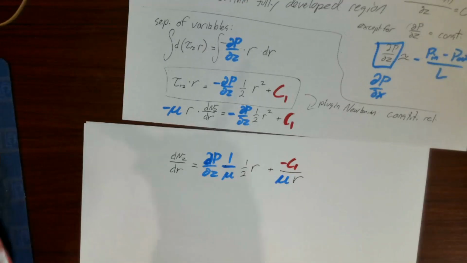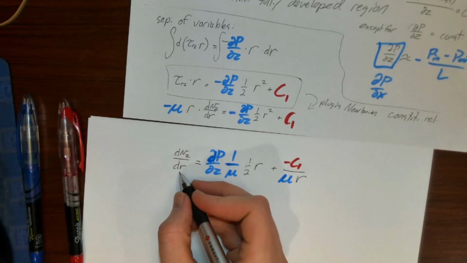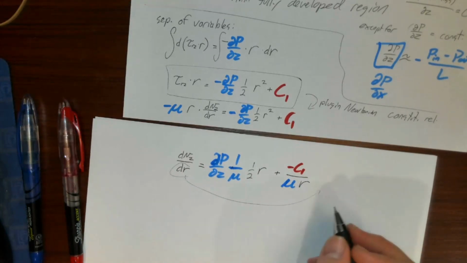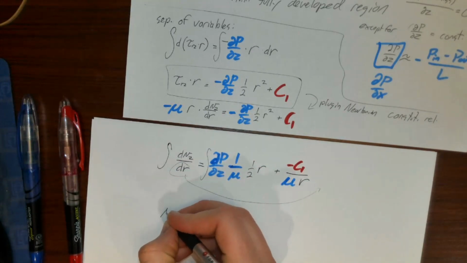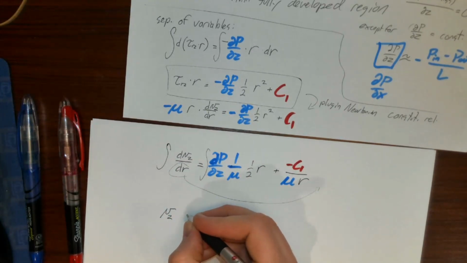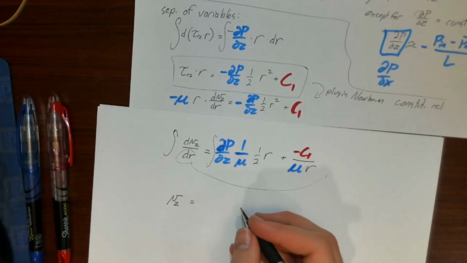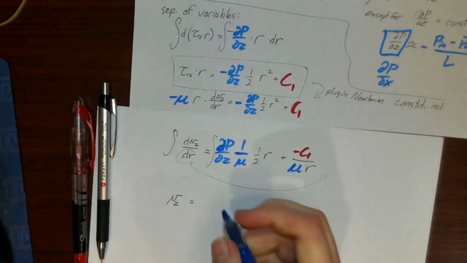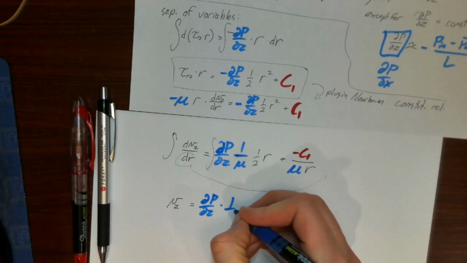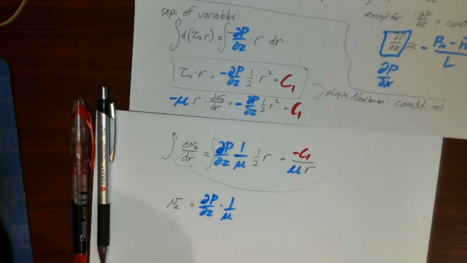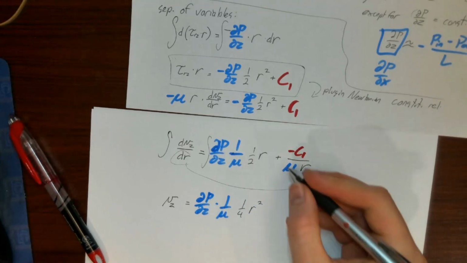So now I can separate variables and integrate. I can bring dr over to the right hand side and integrate both sides. What do I get on the left hand side? I get vz. And on the right hand side, I get dp dz times 1 over mu times 1/4 r squared.